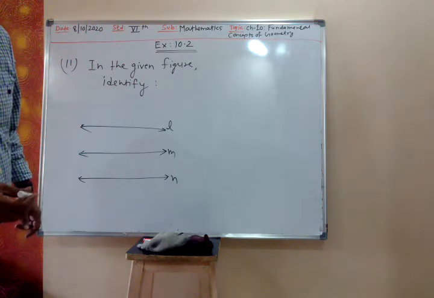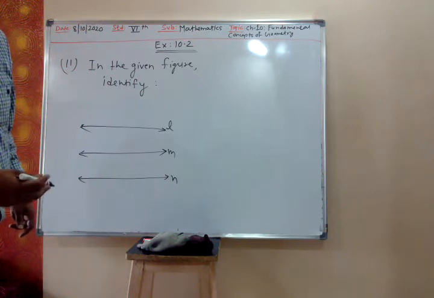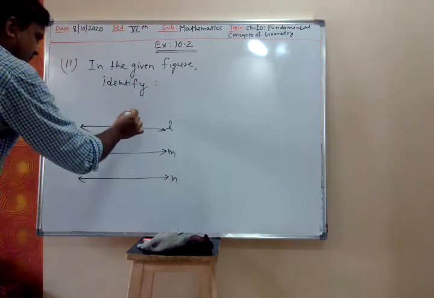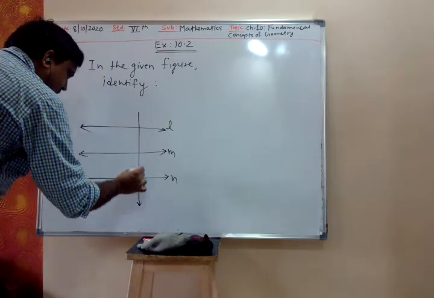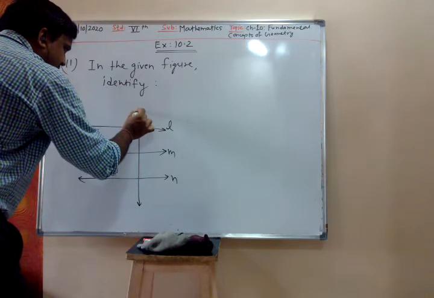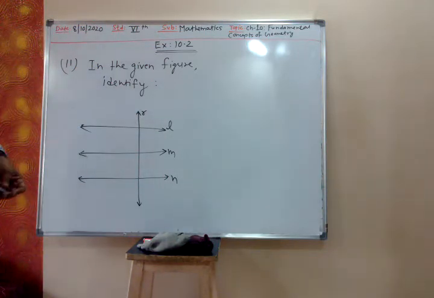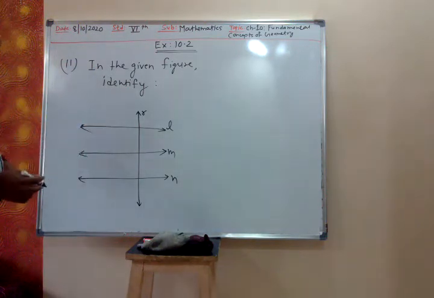Then we have one line, R. This is my R line. Then we have S line.